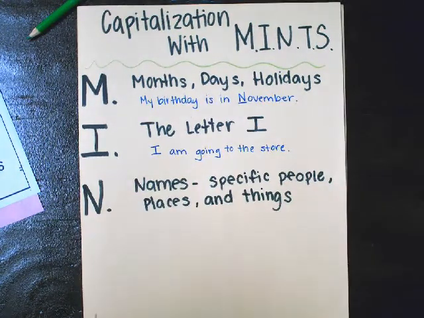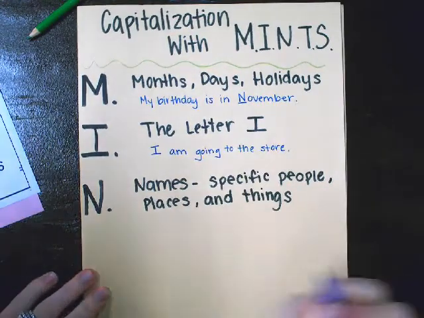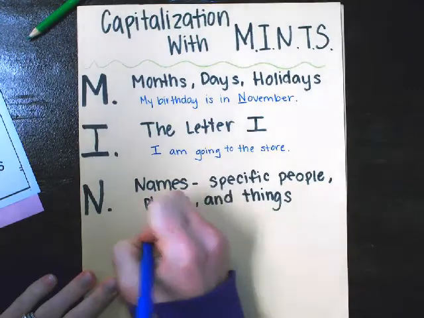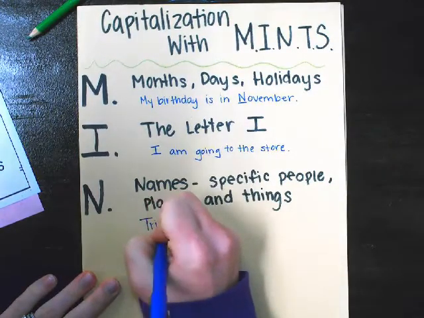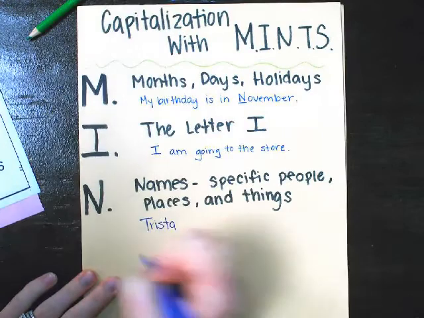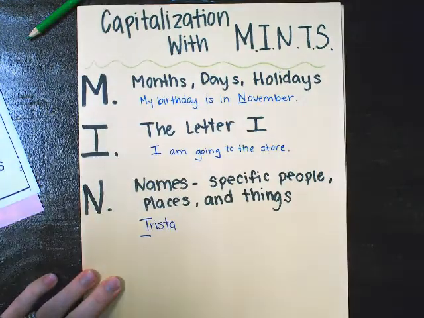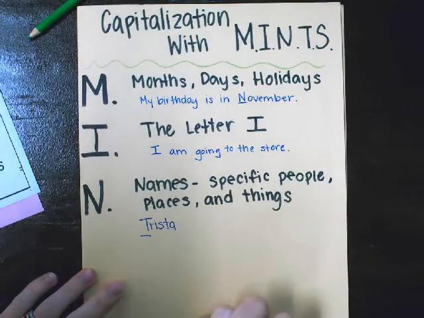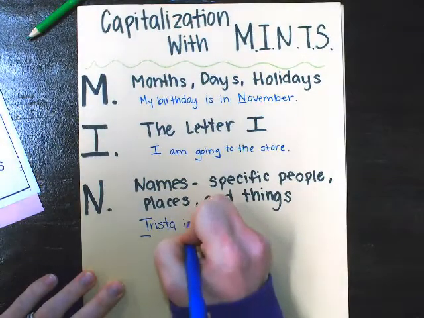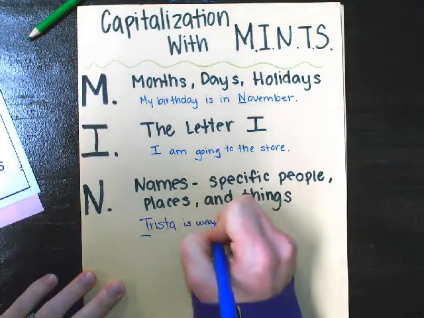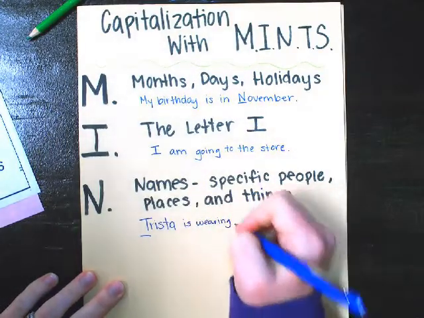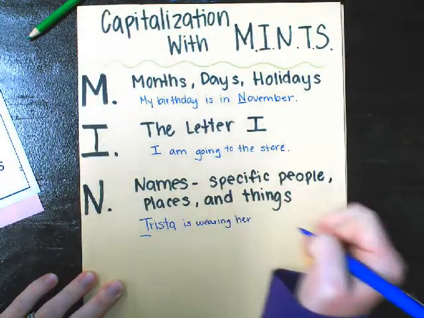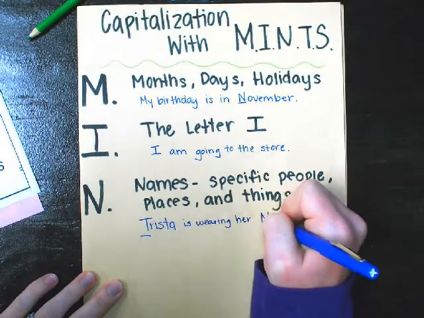I'm going to write our sentence. So my sentence is going to be Trista. And I'm going to capitalize the T in Trista, because that's a name. That's my name. You can put your name. Is wearing her Nikes.